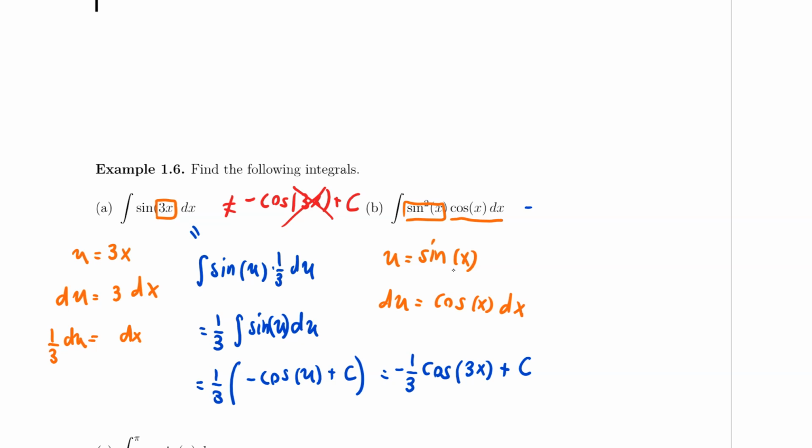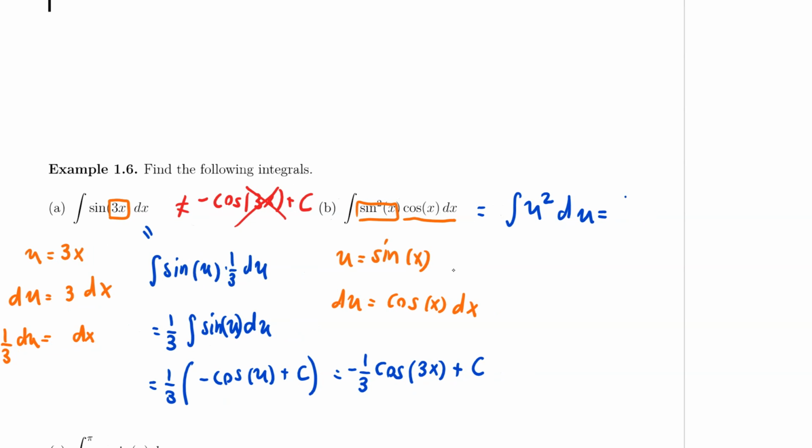So my integral, once I do the substitution, is going to become the integral of u squared du. And I know this is going to give me u cubed over 3 plus c. And my u is sine of x, so I can substitute back, and that's going to give me sine of x cubed over 3 plus c. Okay, so here's my answer for part B.